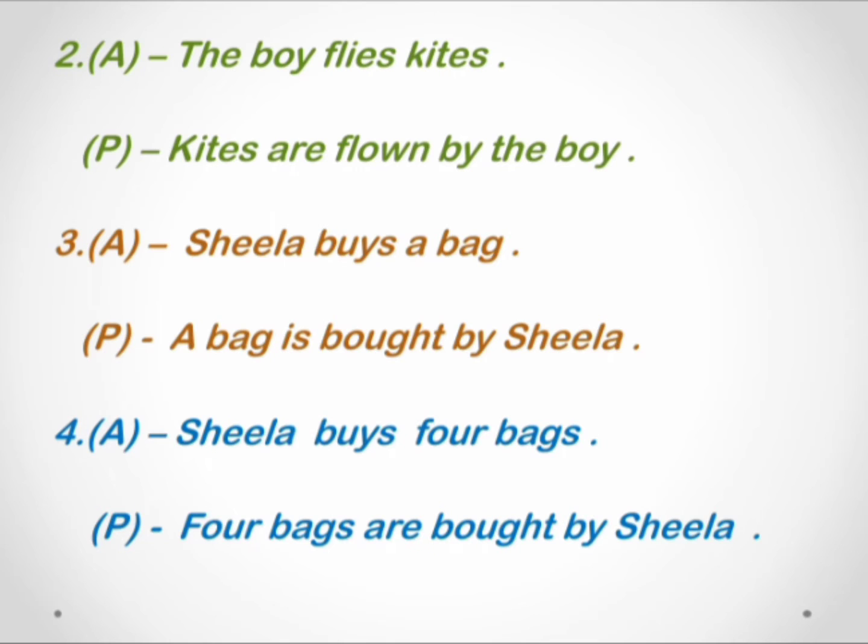Let us see. There the object was singular. Now the object here is plural. The boy flies kites. Here this kites is plural form. The boy is the subject, flies is the verb and kites is the object. So the object will become the subject in the passive voice. Kites.